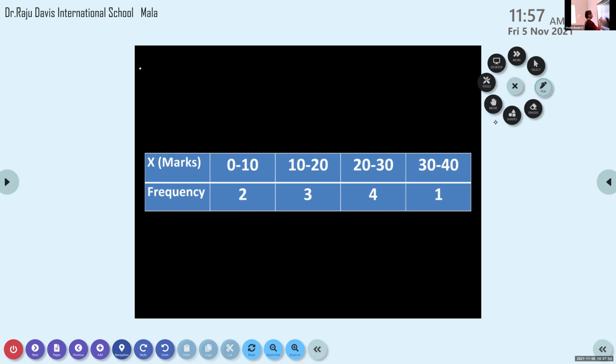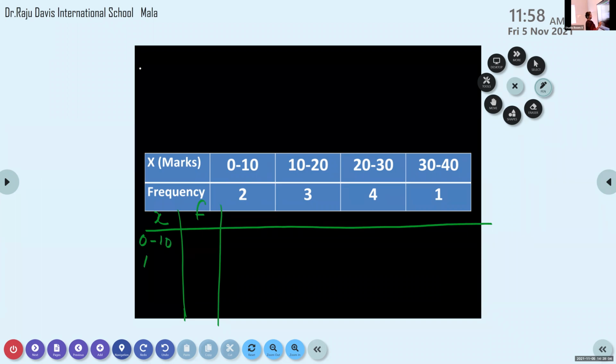Here x will be 0 to 10, 10 to 20, 20 to 30, then 30 to 40, then the frequency 2, 3, 4, 1.